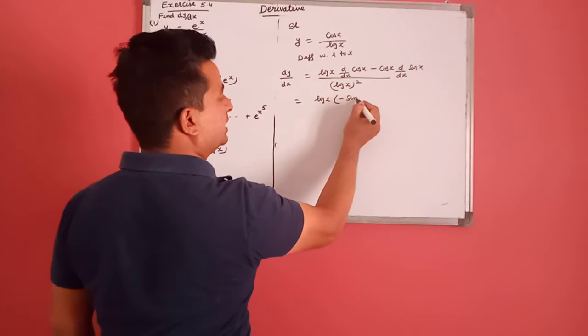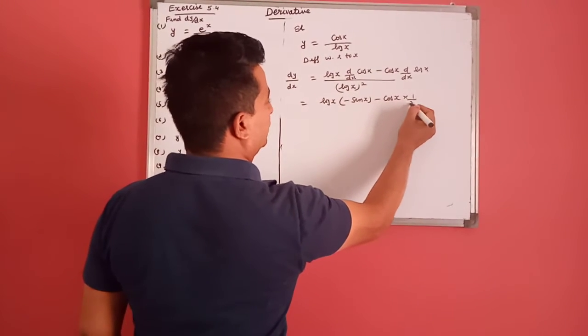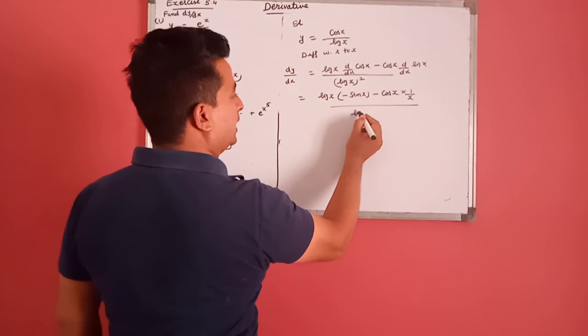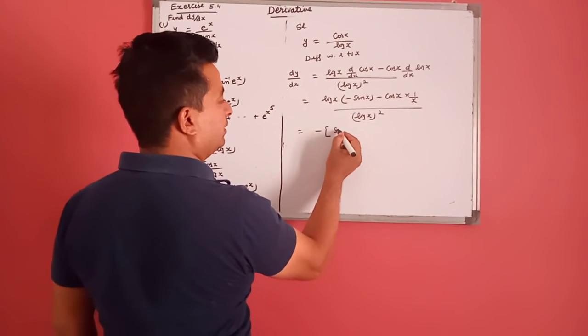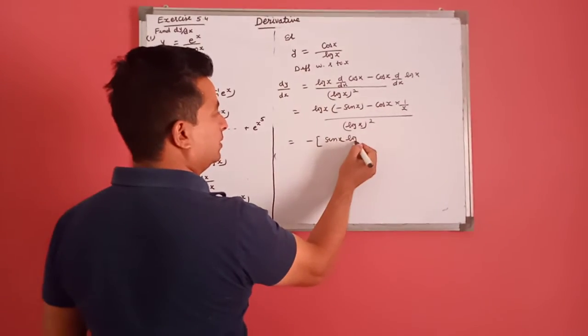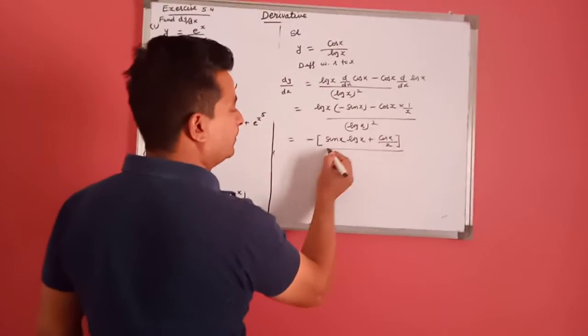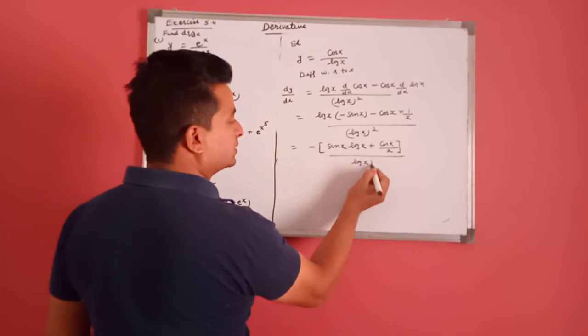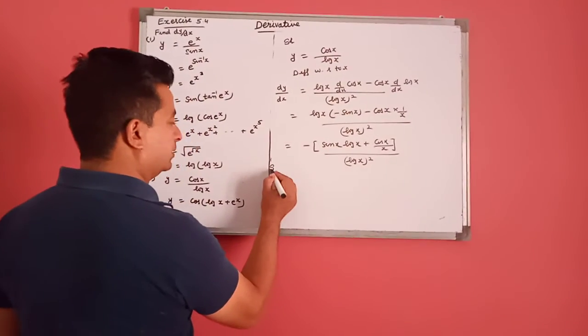Differentiation of this is minus sin x, that is cos x. Derivative of this is 1 by x. So we get, taking minus common, sin x log x plus cos x by x divided by log x whole square. This is the solution of question number 9.